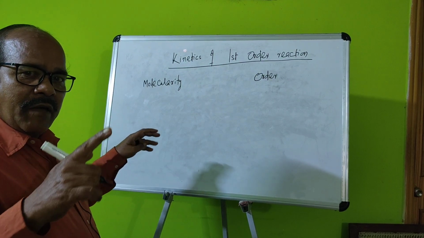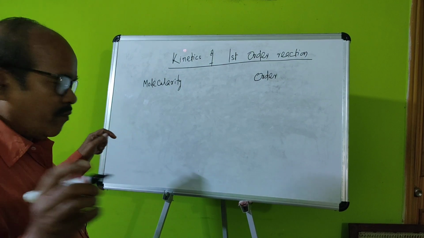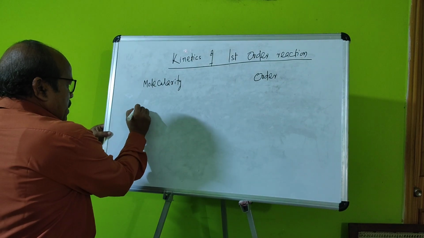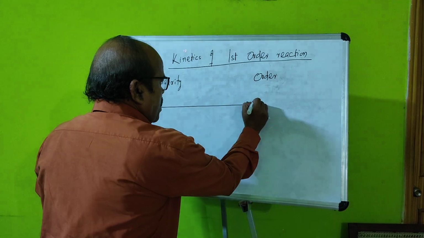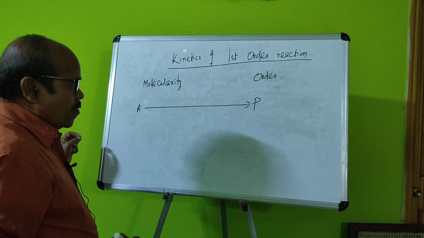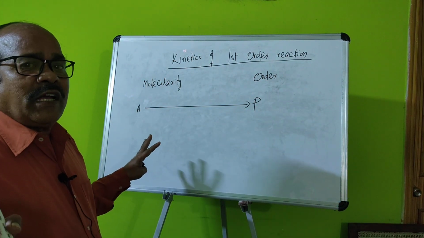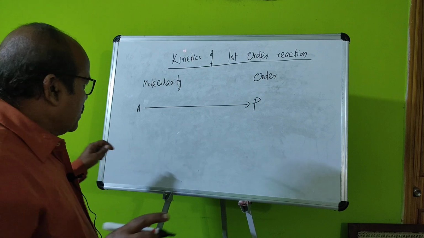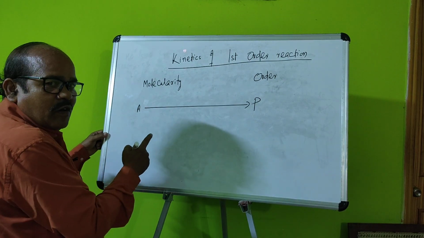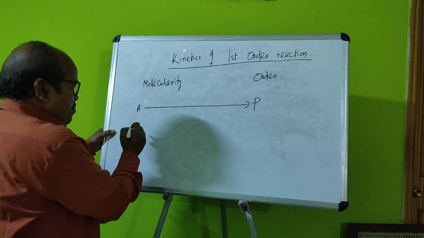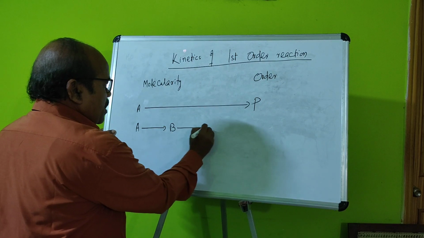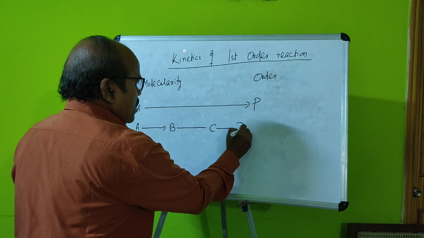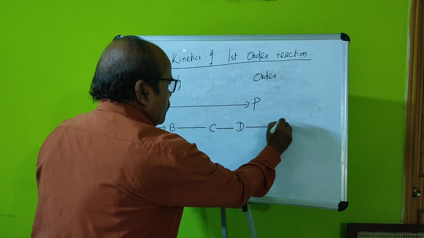Whenever any chemical reaction is going on, we used to write A will give rise to product B. But actually this does not happen. It moves through several steps, like A changes to B, then to C, then to D, then to P.